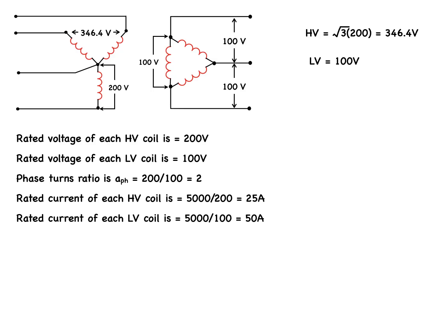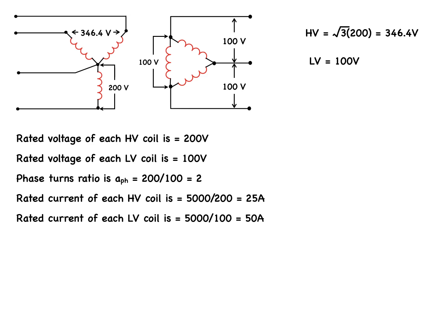Now, the question is, how much line current should be allowed to be supplied by the low voltage side when a balanced three-phase load is connected across it? The constraint is that we should not allow overloading of any of the coils in terms of current.